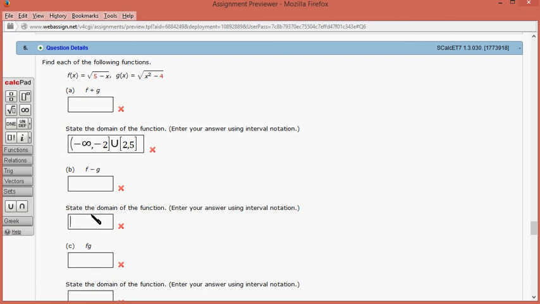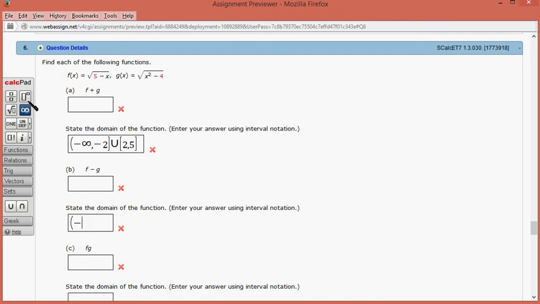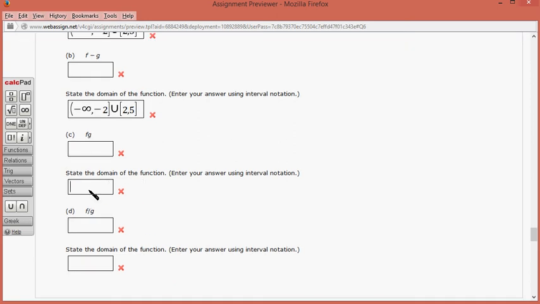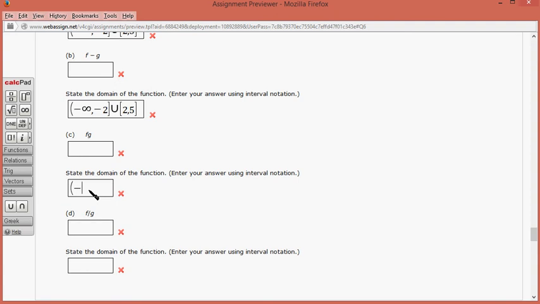And the same again: negative infinity to negative 2, union 2 to 5.